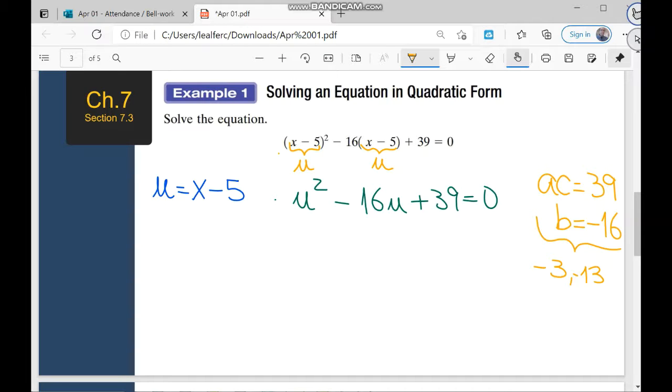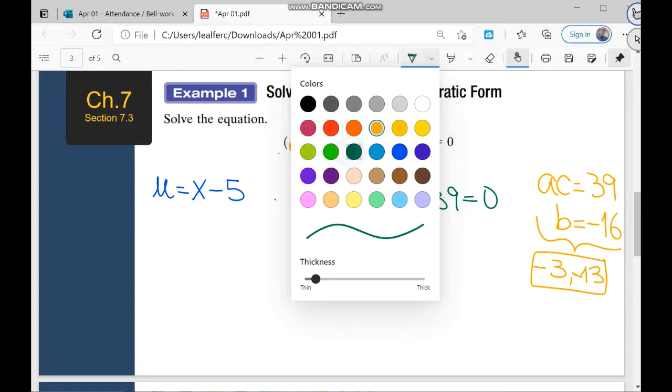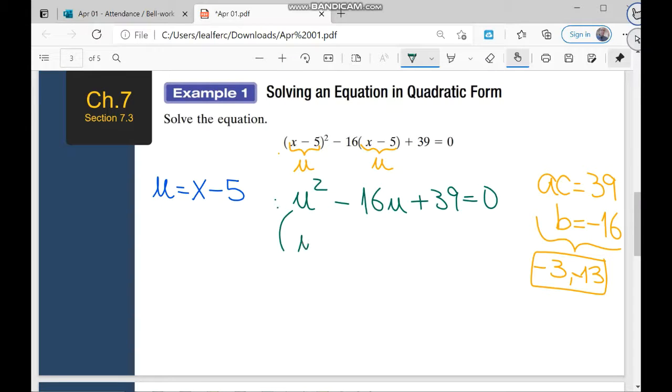Because -3 times -13 is positive 39, and -3 minus 13 is -16. So the numbers are these. We will factor, and then we can write the equation as u minus 3 times u minus 13 equals 0. Right?